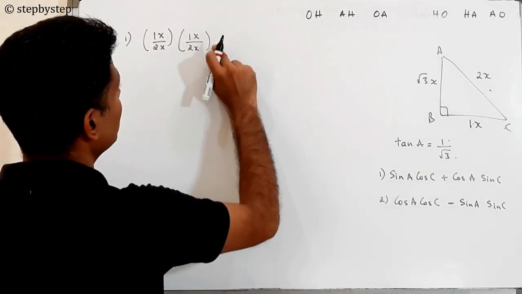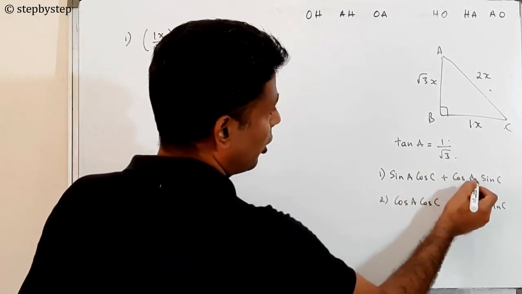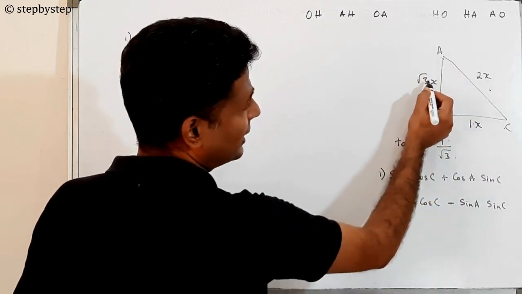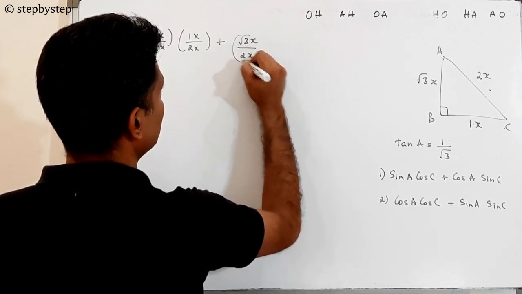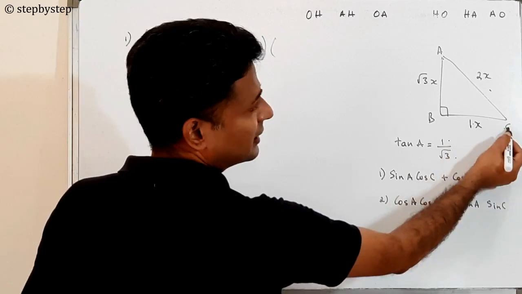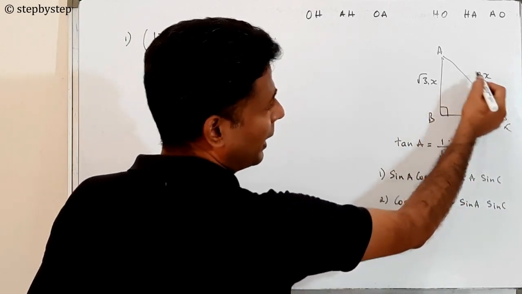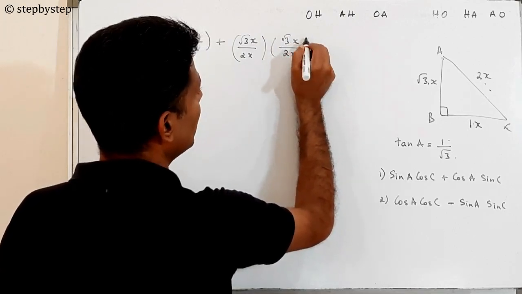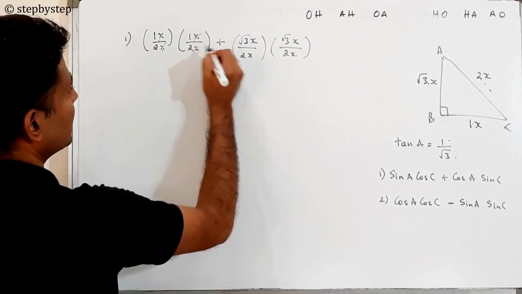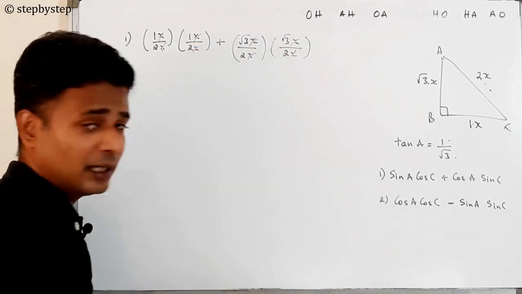So this plus, they have said cos A. Cos A is here, cos is adjacent by hypotenuse. So root 3x by 2x into sin C. C is here, sin is opposite by hypotenuse. So again root 3x by 2x. x and x cancel.